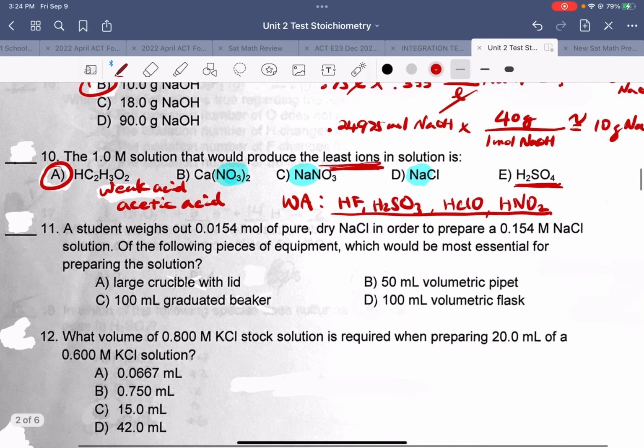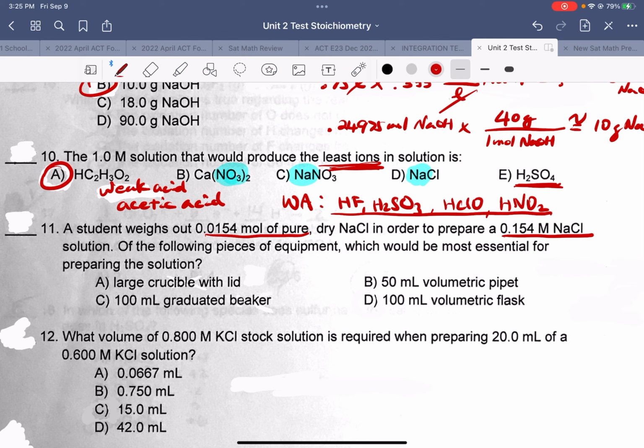Now number 11, a student weighs 0.0154 mole of pure dry NaCl in order to prepare 0.154 molarity NaCl solution. Of the following pieces of equipment, which would be most essential for preparing the solution? So you want to prepare this molarity.